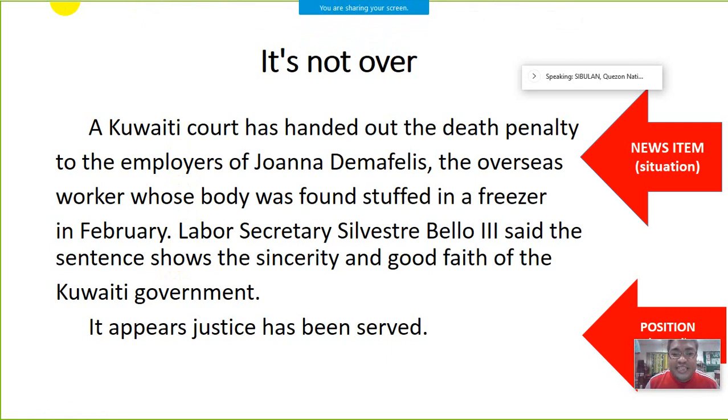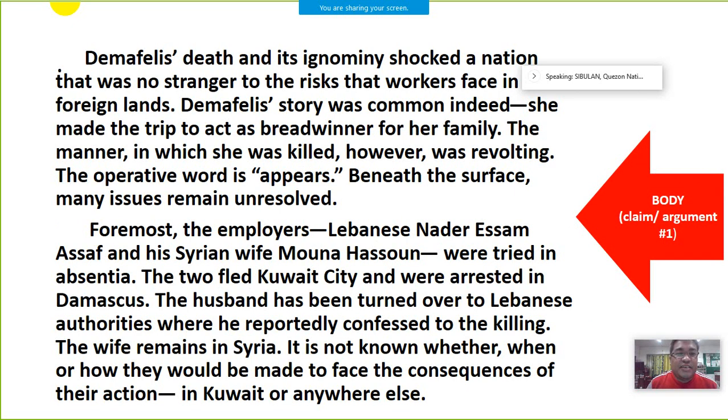In this case, the editorial writer is not satisfied, because the editorial writer did not say justice has been served or justice is already served. But the position given is it appears justice has been served. So it's a 50-50. That's why it has a connection to the title, It's Not Over. Now let's have the next part.